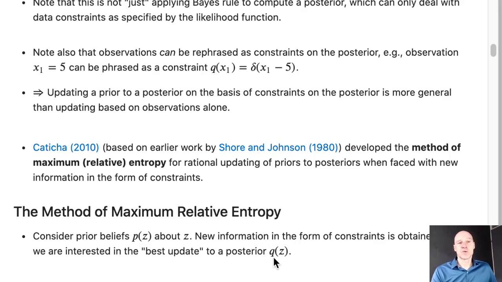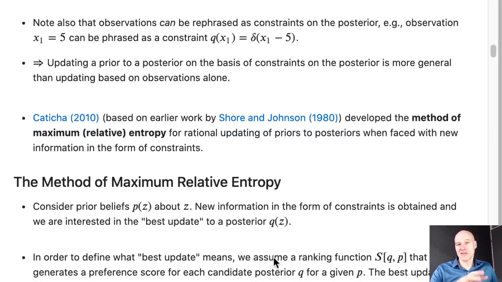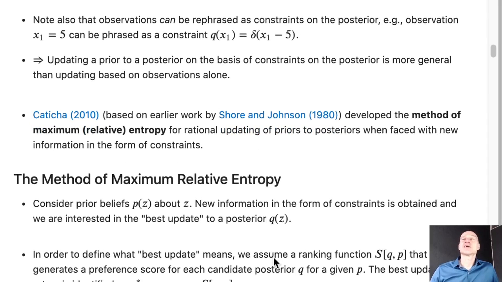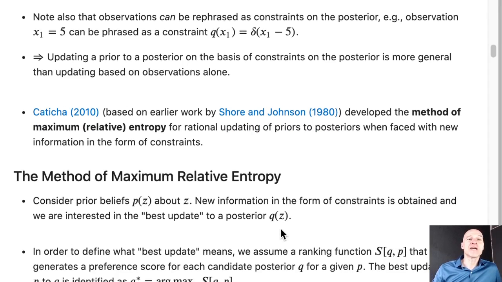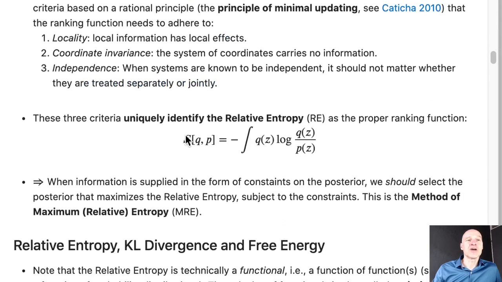And so what people have done, and there are references in the notebook, is they've said, okay, let's come up with a ranking function for Q of Z's, for candidate posteriors. And that ranking function is this function here. This is a function S. The function is called the relative entropy. It's a function of both the posterior Q and the prior.